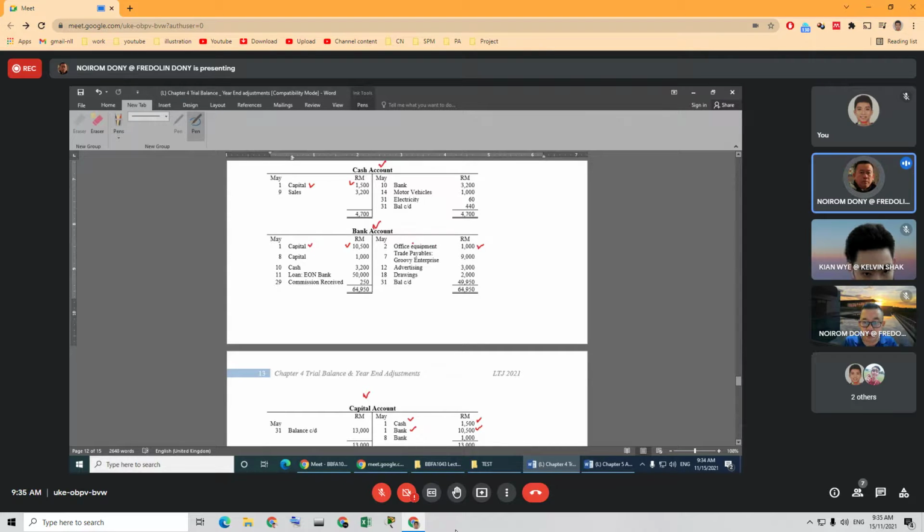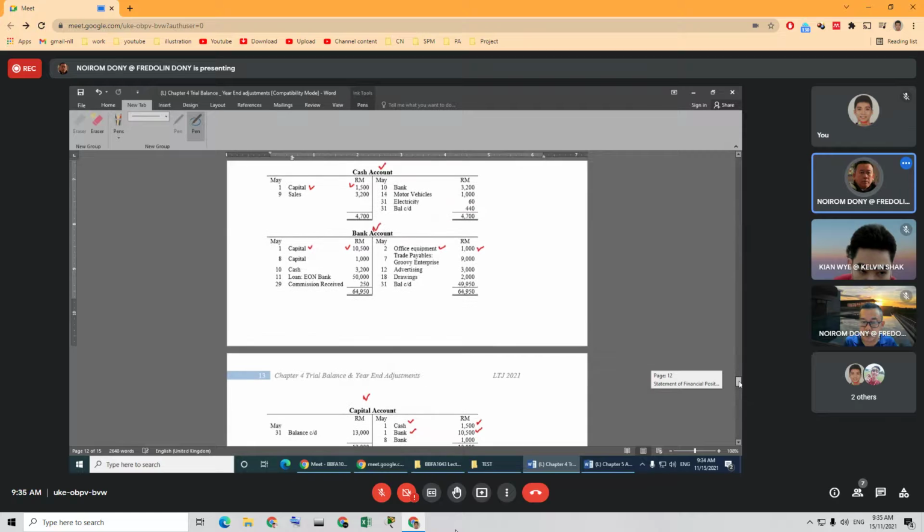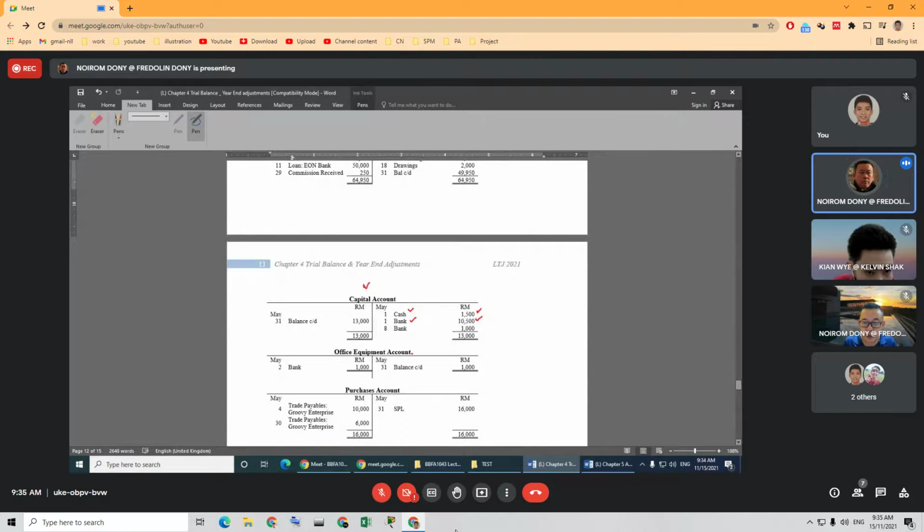And in the particulars, we write down office equipment. We have not opened office equipment yet, so we open the office equipment account and complete the double entry. That is putting 1,000 on the debit side and in the particulars write down bank. And the date is May the 2nd. Can you understand?